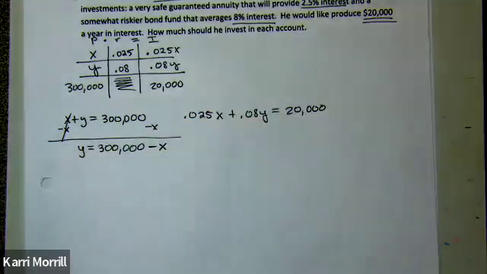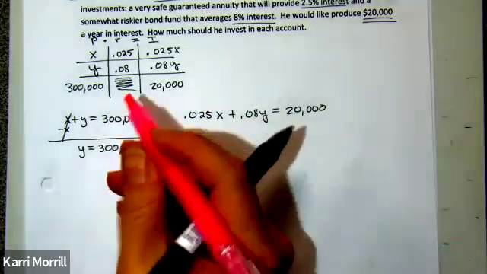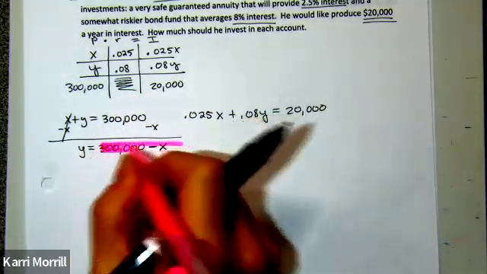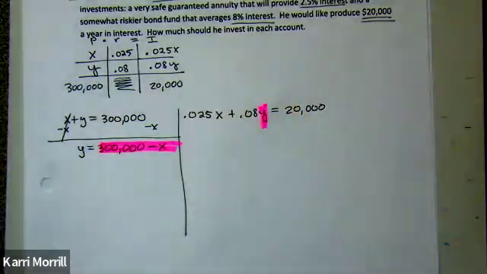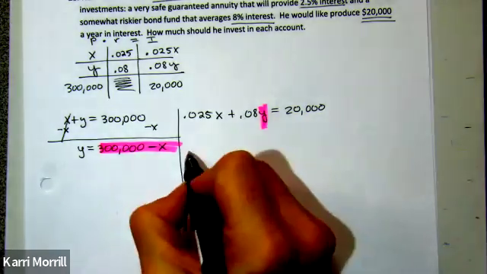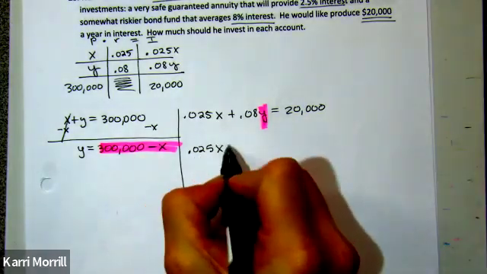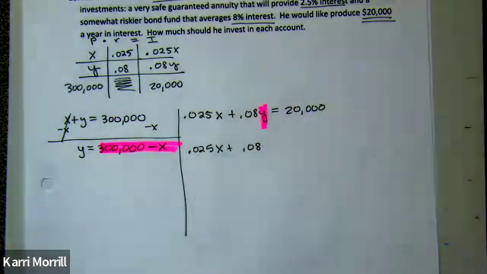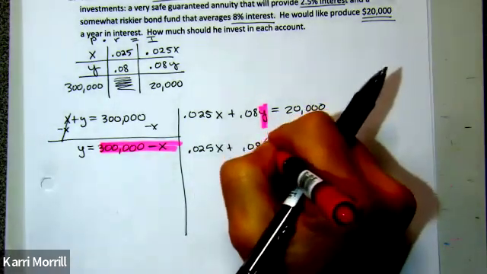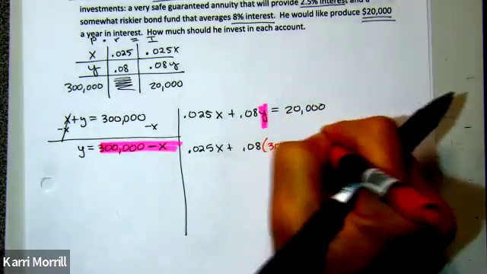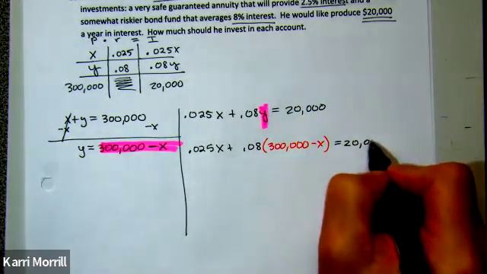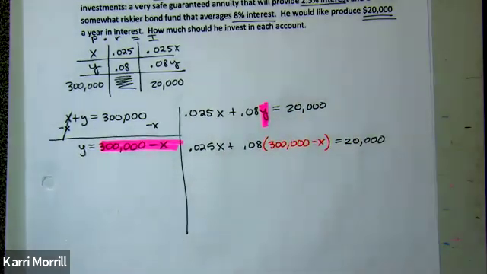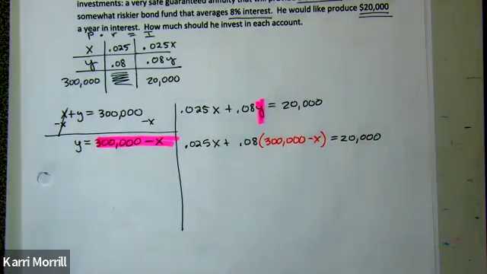But I would say Y equals this 300,000 minus X. And so I'm going to plug that into the other equation for Y. So I have 0.025x plus 0.08 times 300,000 minus X equals that 20,000. So we would distribute, combine like terms, solve for X.